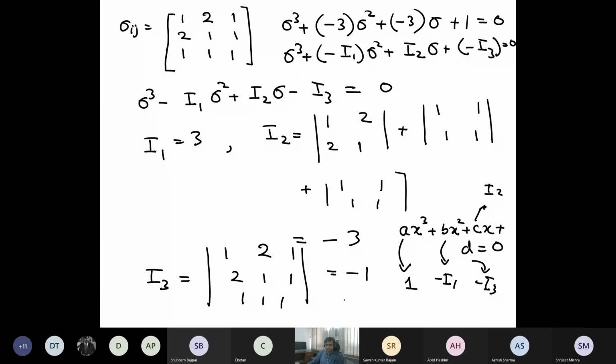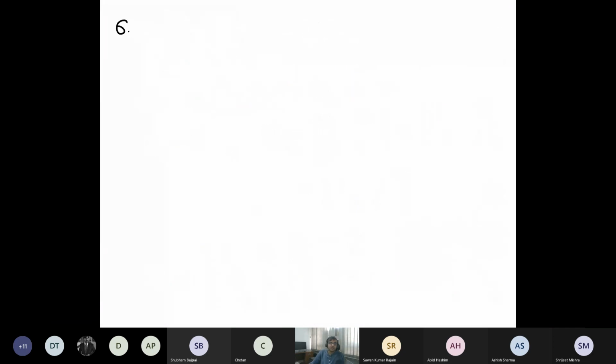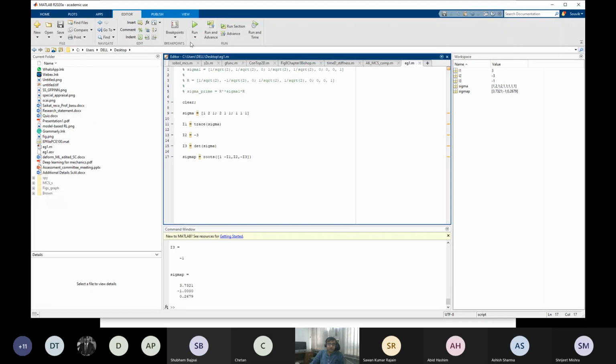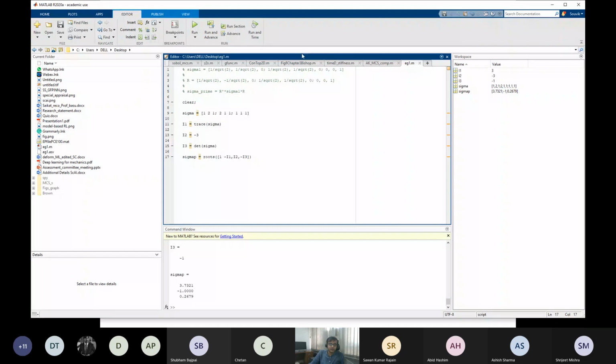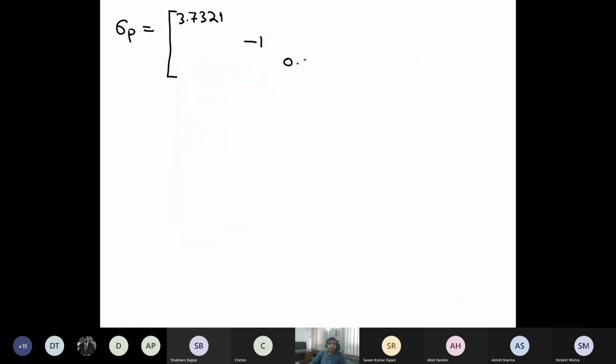So what I'm getting is sigma principal stress is equal to 3.7321, minus 1, and then 0.2679.